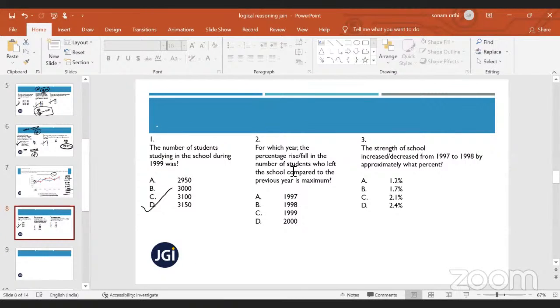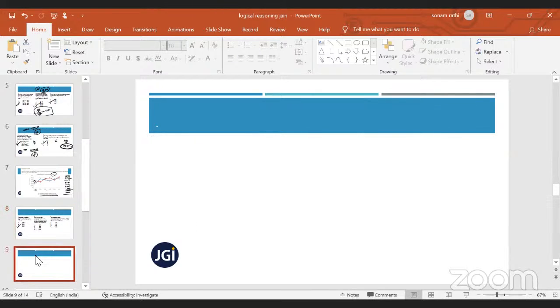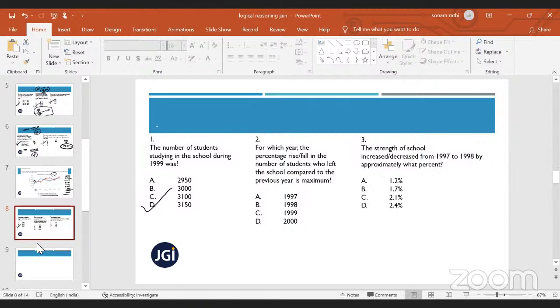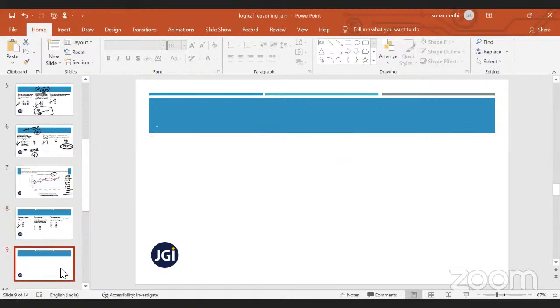Okay, question number 2. For which year the percentage rise and fall in the number of students who left the school compared to the previous year is maximum? So what I will do, I will calculate for 1997, 98, 99 and 2000. Okay, let's do that. For 1997, 450 minus 250 upon 250 into 100.